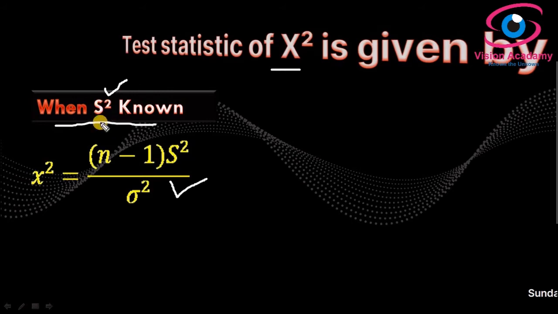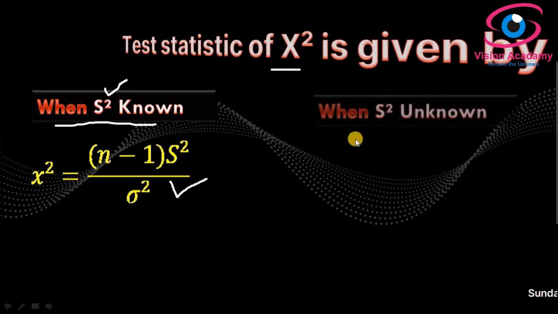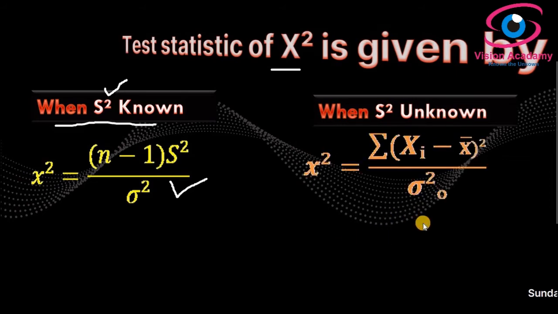So we have to calculate the sample variance, and for that we are not going to follow the same formula. We have another formula for calculating the chi-square test when the sample variance is unknown. The formula is chi-square equals summation of (xi minus x bar) whole square, and in the denominator the population variance.